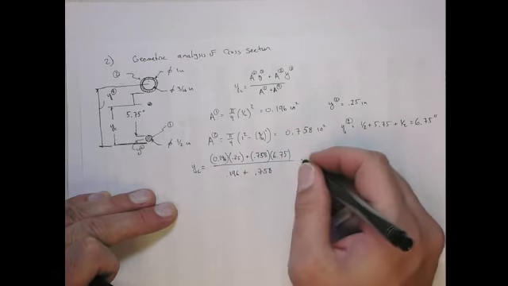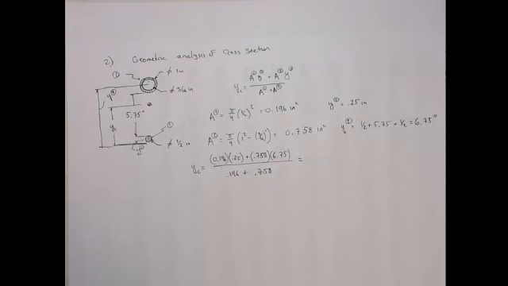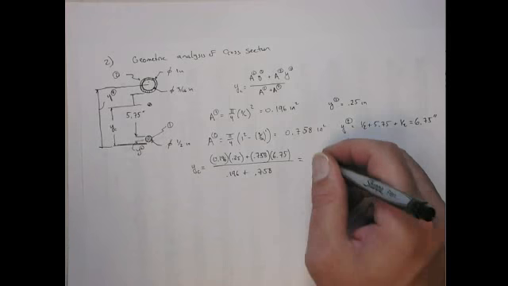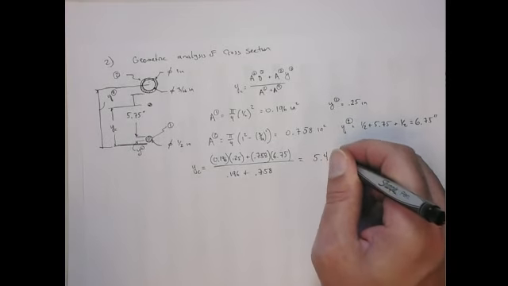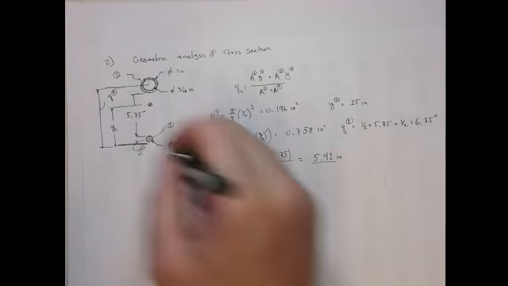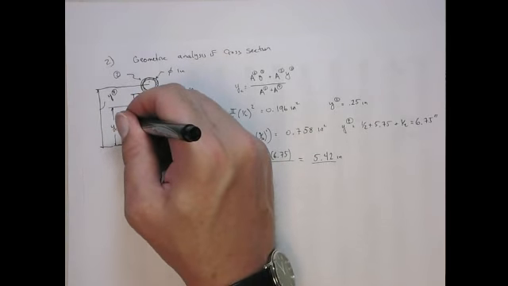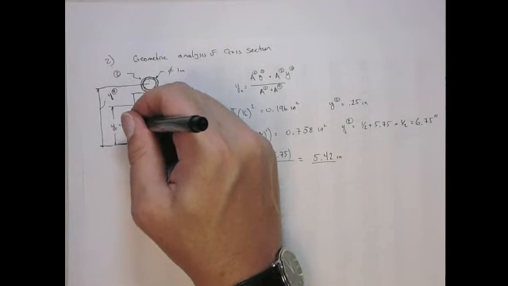This is inches squared, so we're left with just inches, and the value is going to be 5.42 inches. So this distance here is 5.42 inches.